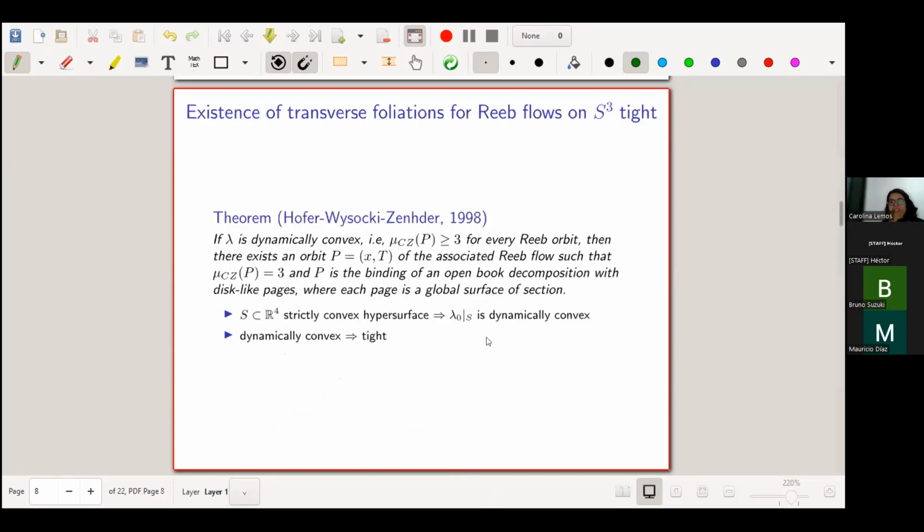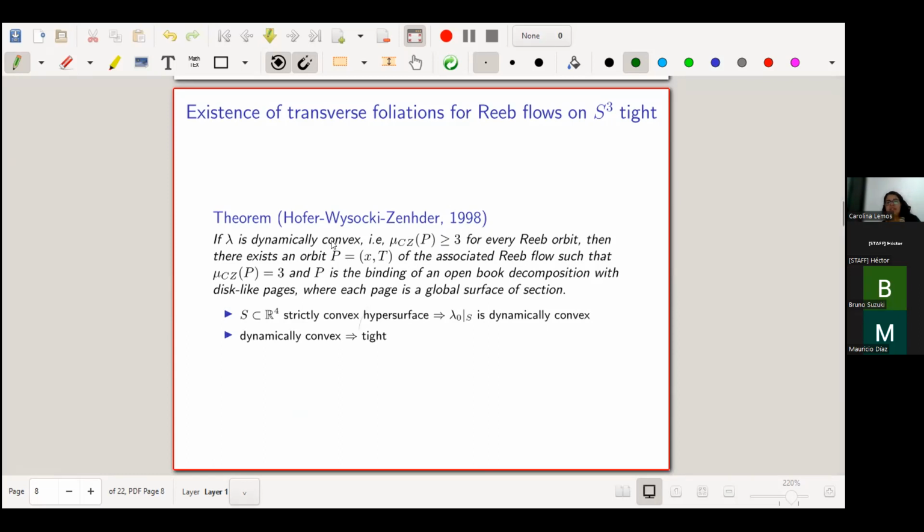And so the first result involving the existence of transverse foliations for Reeb flows on S3 was this theorem by Hofer, Wysocki, and Zehnder in 1998.